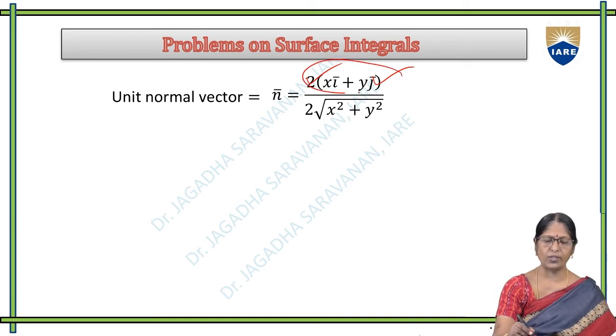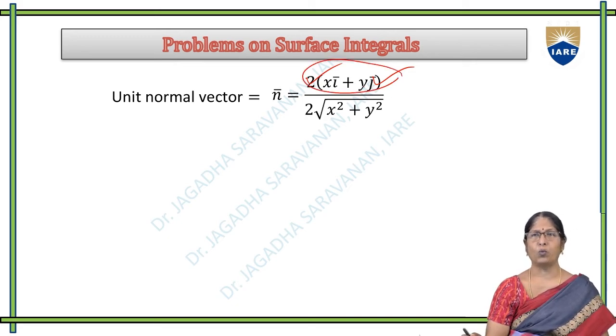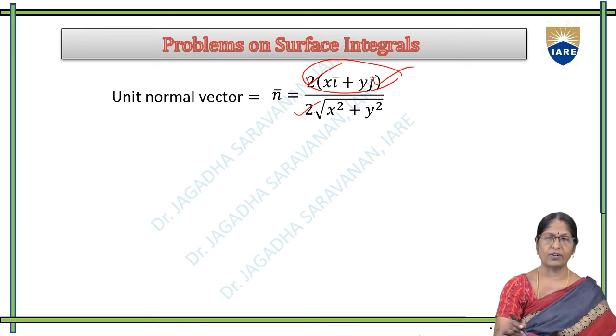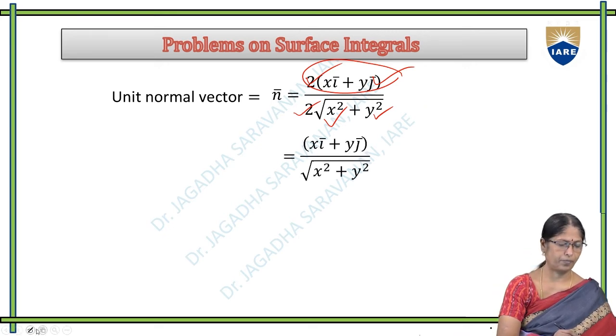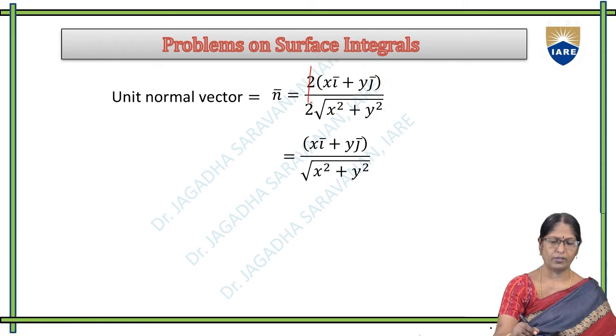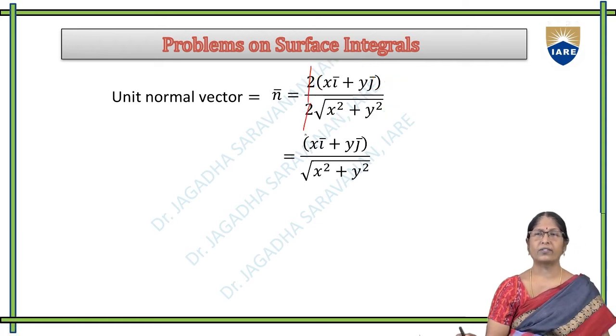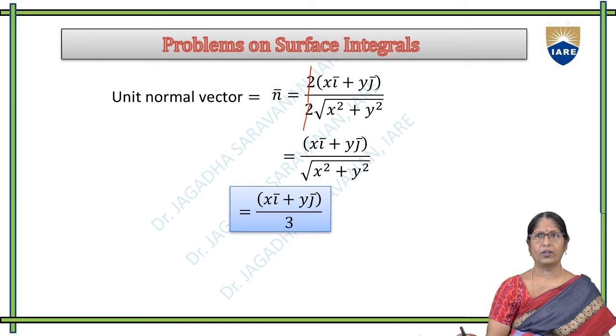Now the modulus of the numerator: the 2 is written as it is, times the square root of x² plus y². Simplifying, this cancels, giving x i plus y j divided by the square root of x² plus y².